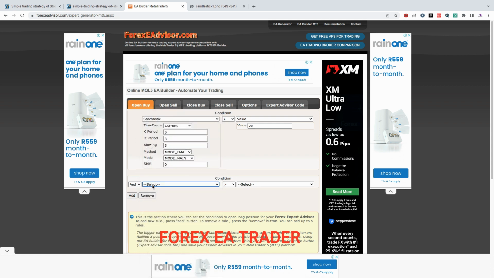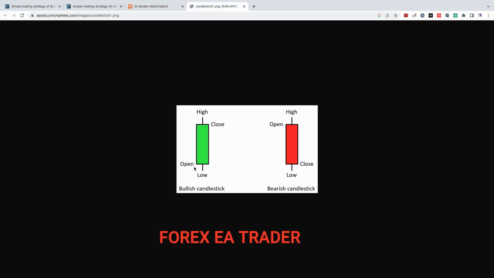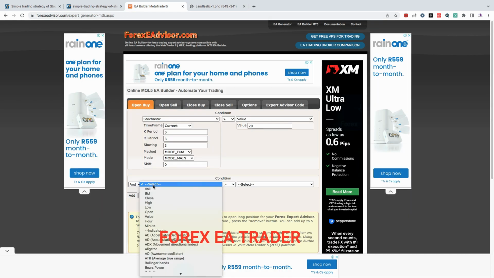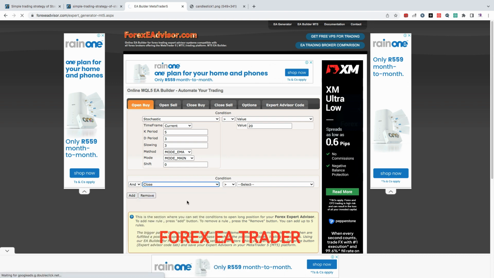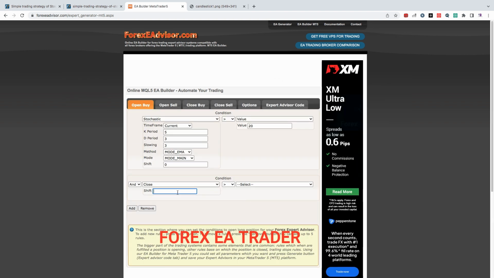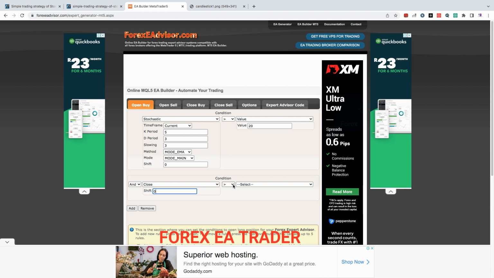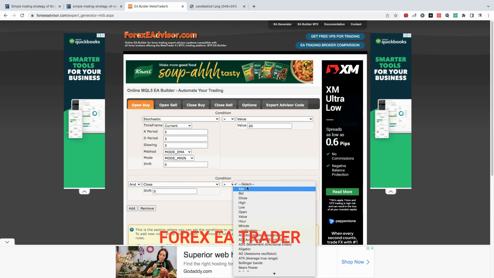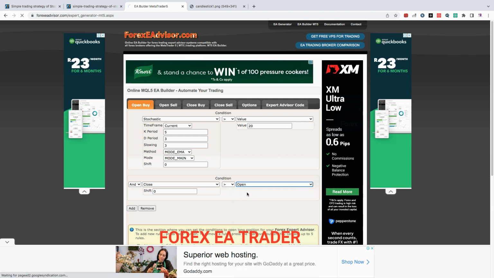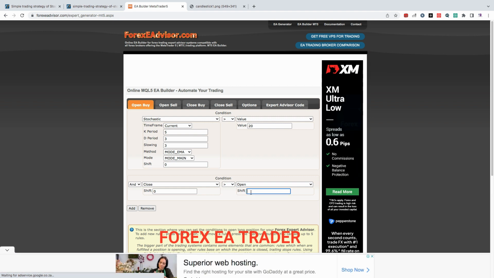We don't have candles, but we do have open price, close price. So for a bullish candle, we said the open price is always below the close price. So we are going to say close price needs to be above the open price, and we're just going to keep shift at 0.